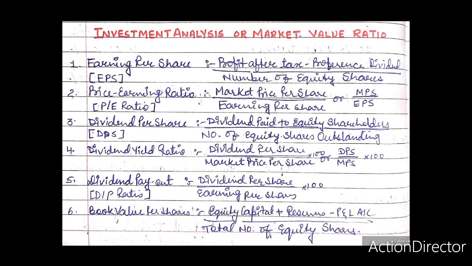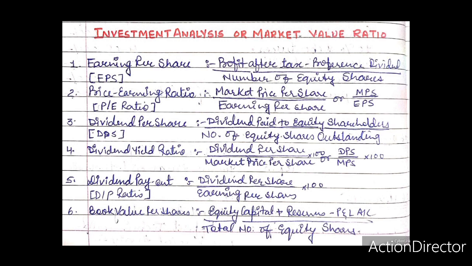Number 5. Dividend payout ratio, DP ratio, meaning and computation. The objective of this ratio is to ascertain what percentage of net profits after tax has been distributed among shareholders in the form of cash dividend and what percentage is retained in the business. Thus, dividend payout ratio gives the percentage of earnings that are distributed through dividends and is usually expressed as a percentage.